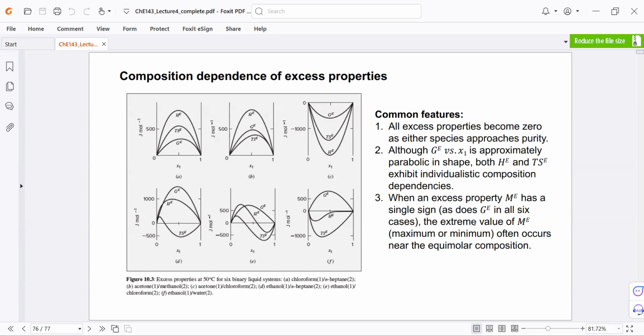Then, like G, the extreme values of the property often occur near the equimolar composition, meaning x1 is 0.5 and x2 is 0.5. So the deviation from the ideal solution often occurs near the equimolar composition. Those are the generalized behaviors observed using the excess property graphs for H, S, and G.